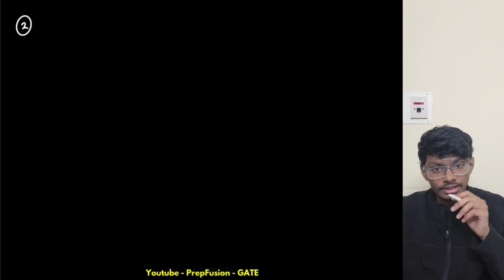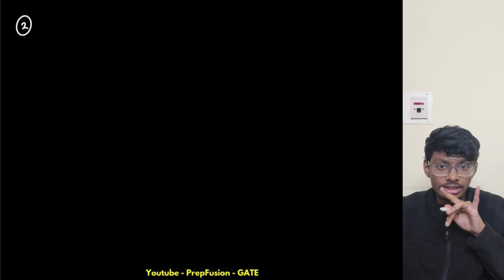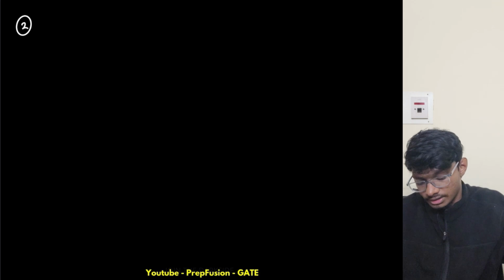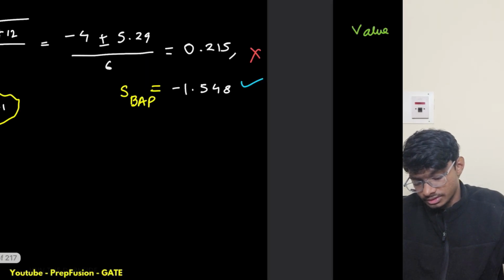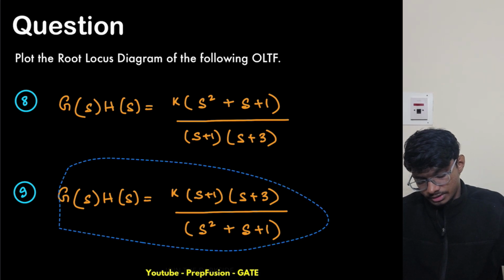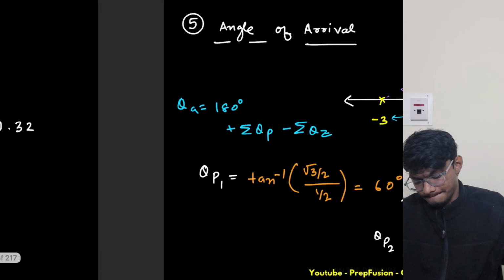And the breakaway point will also be the same. Instead of a breakaway point, this time I will have break-in points, because this time I will have two real zeros. So let me copy the characteristic equation, there you will understand.